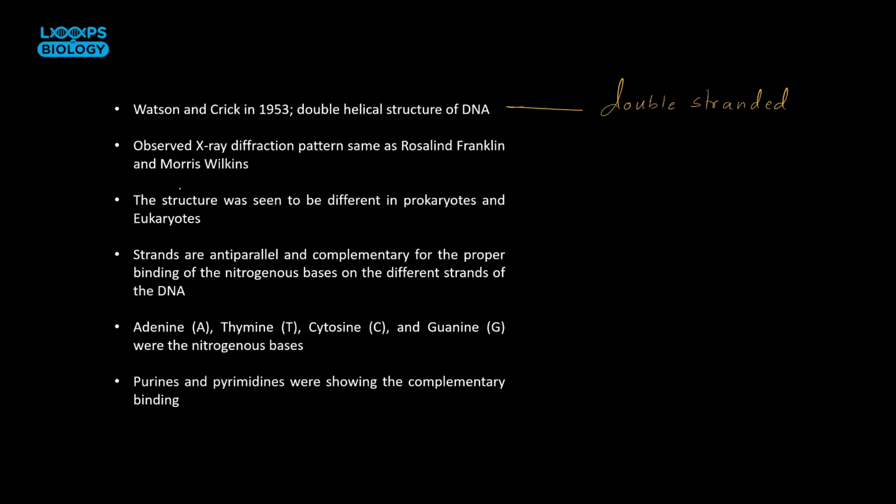Now this discovery was first observed through X-ray diffraction patterns by Rosalind Franklin and Maurice Wilkins. These were the two scientists who were experts in the X-ray crystallography technique and X-ray diffraction patterns. Those patterns were analyzed by Watson and Crick to understand that DNA is a double helical structure.